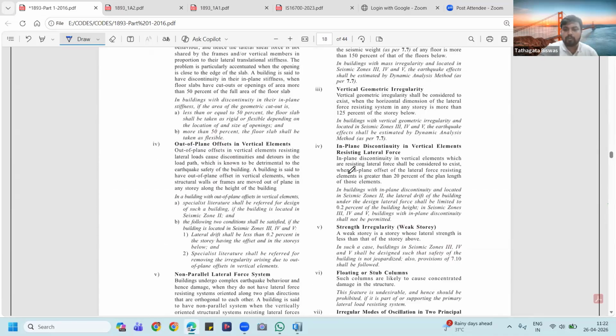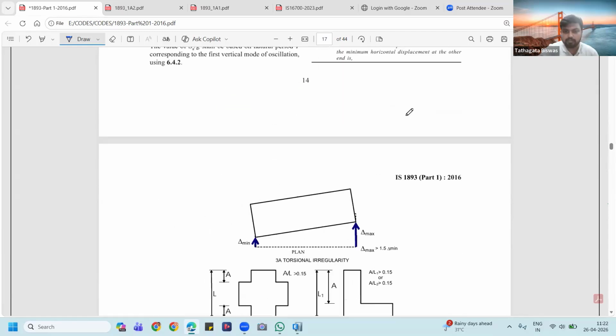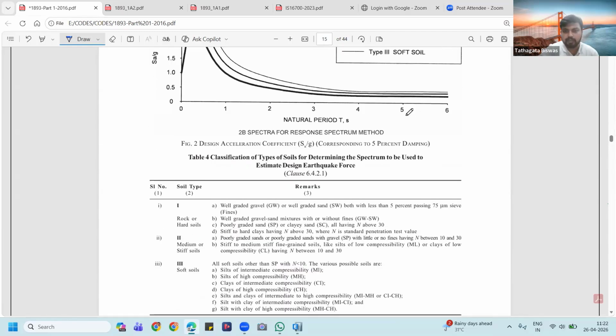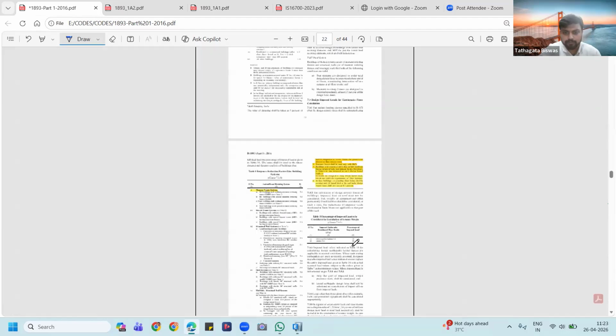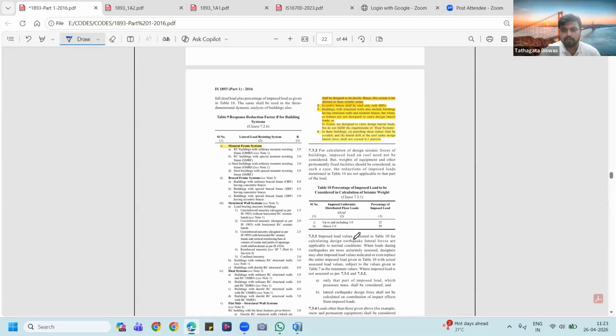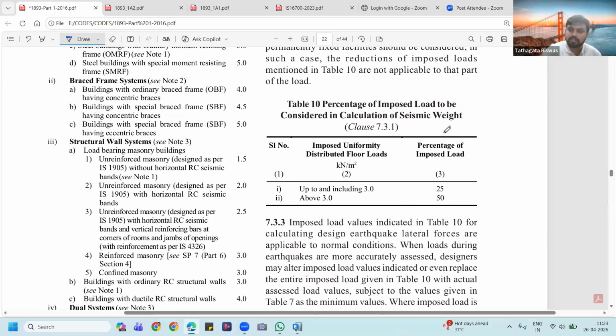Now seismic weight, how do you get it? In the code, there are certain methods through which the seismic weight has been stated. Let me just get you over there. So this is table number 10, which is saying the percentage of imposed load to be considered in calculation of seismic weight. The dead load in the structure, like tiles, finishes or whatever the dead weight of the structure is, will anyway be there, so you need to take 100% of it.